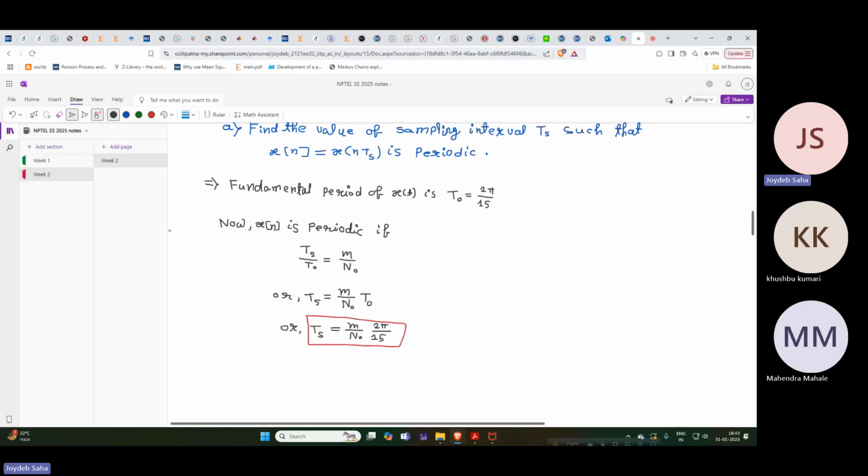Now there is another question, part B of this question. This is very simple.